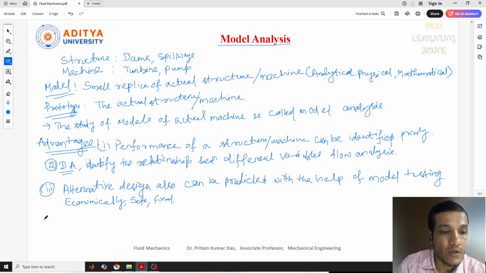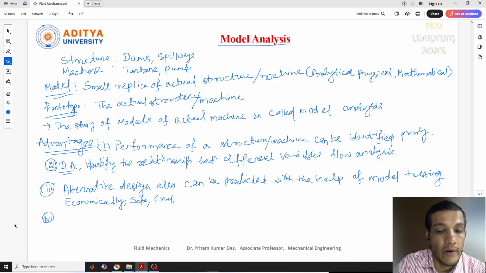Similarly, one more point can be mentioned here: the test performed for the model can be taken in the initial case, which will give you the performance of the prototype.